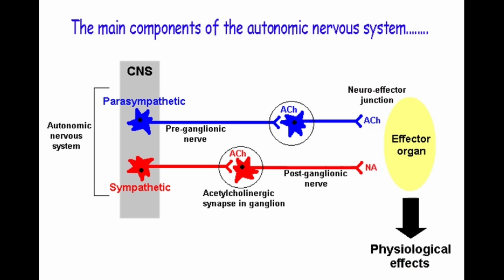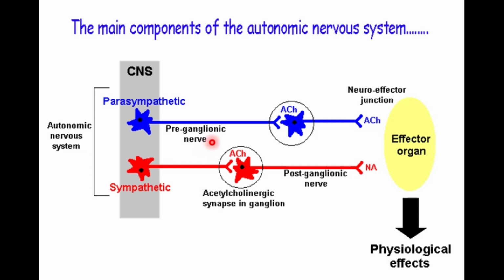The autonomic division of the efferent peripheral nervous system is subdivided into parasympathetic and sympathetic components. The autonomic pathway between the CNS, central nervous system, and the effector cell comprises two neurons.